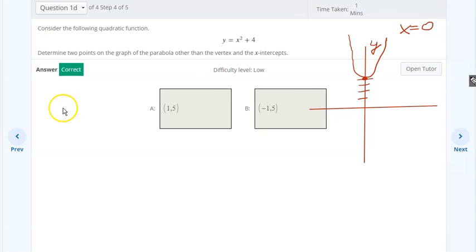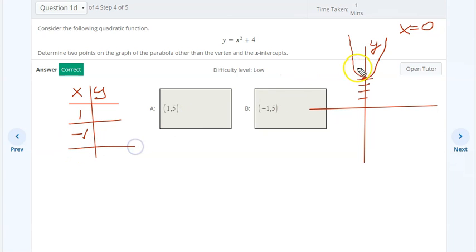So as we make a t-chart here and we get our values, x, y, suppose we're going to choose a 1 and a negative 1. Now we already have our vertex, which we said was 0, 4, but we need some other points.